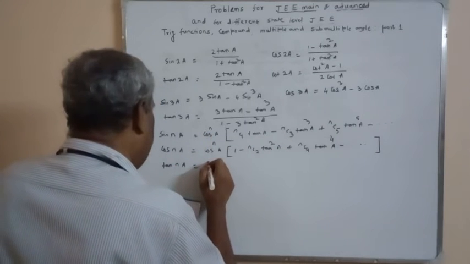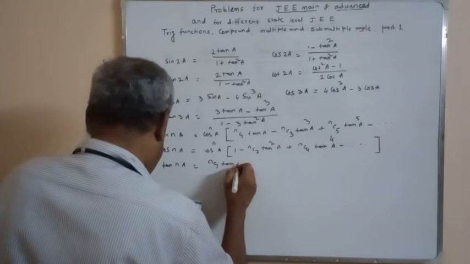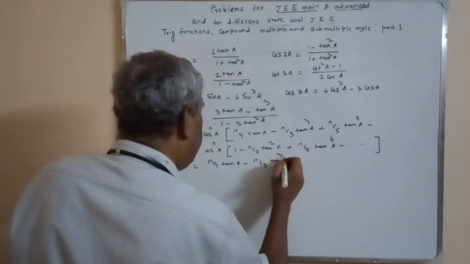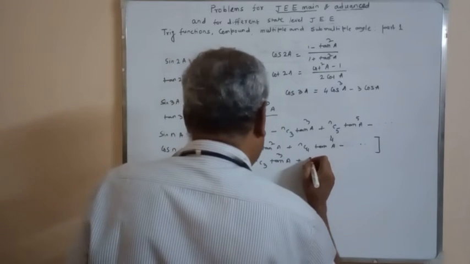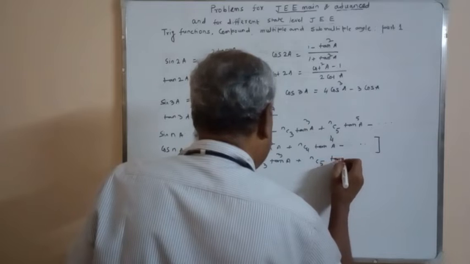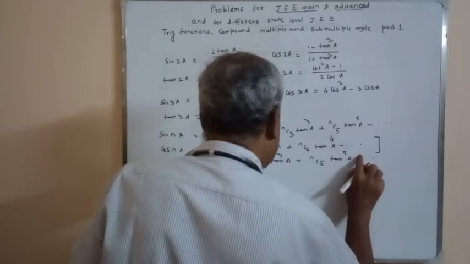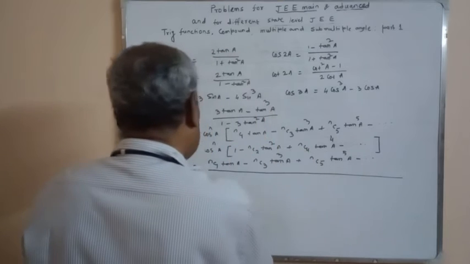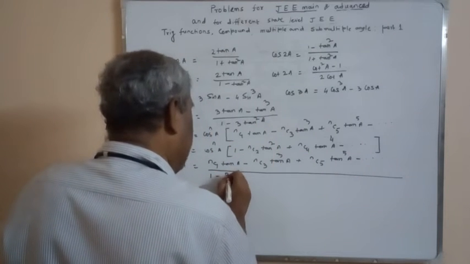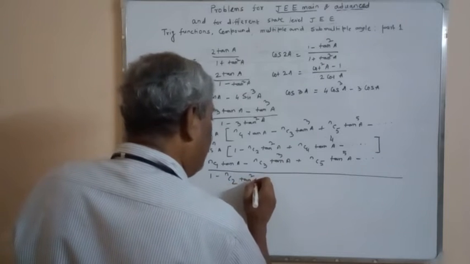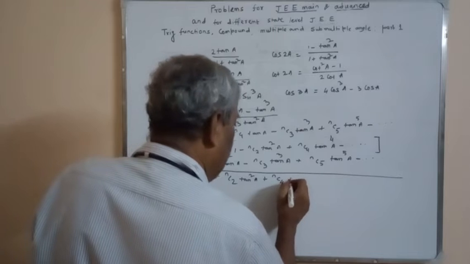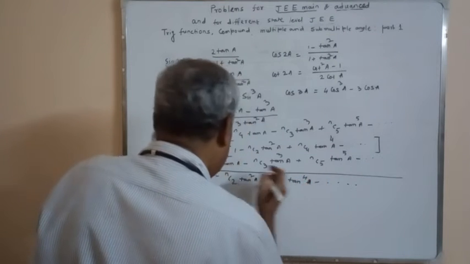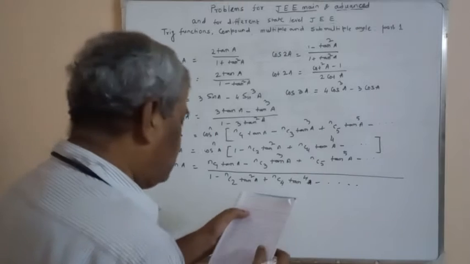That is nC1 tan A minus nC3 tan cube A plus nC5 tan to the power 5A minus and so on, by 1 minus nC2 tan square A plus nC4 tan to the power 4A minus and so on. These three will help you a lot.